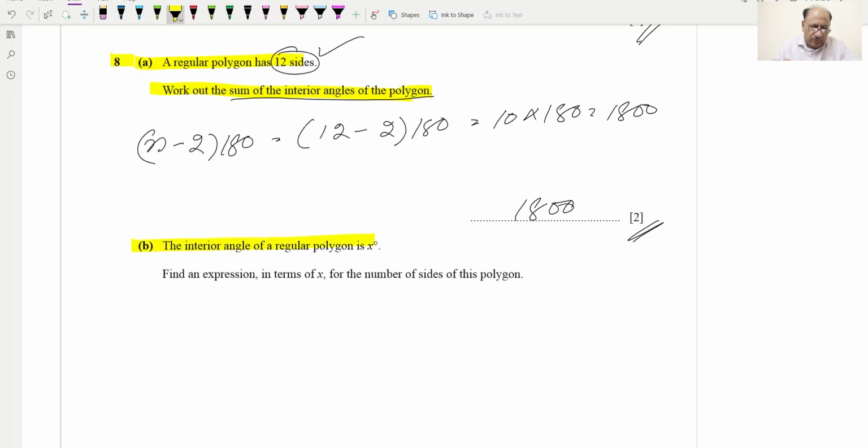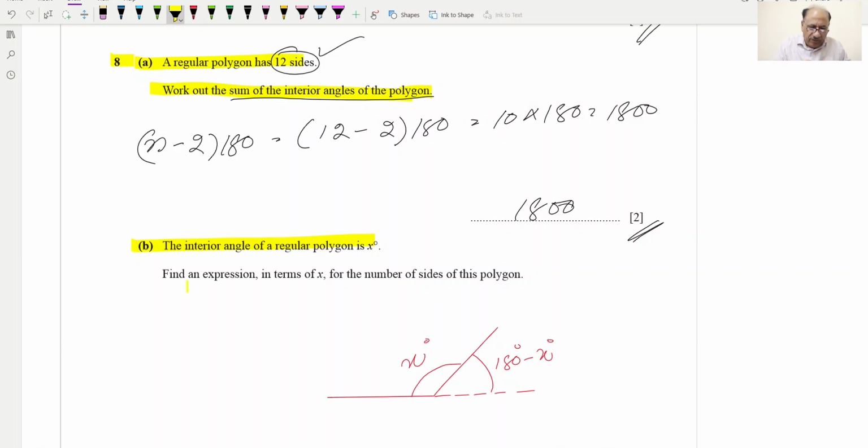Now the B part, the interior angle of a regular polygon is x. So interior angle of the polygon is x means what? It means that, for example, so this is the interior angle, this is x, so exterior angle will be like this one, it will be 180 minus x. So this will be the situation.